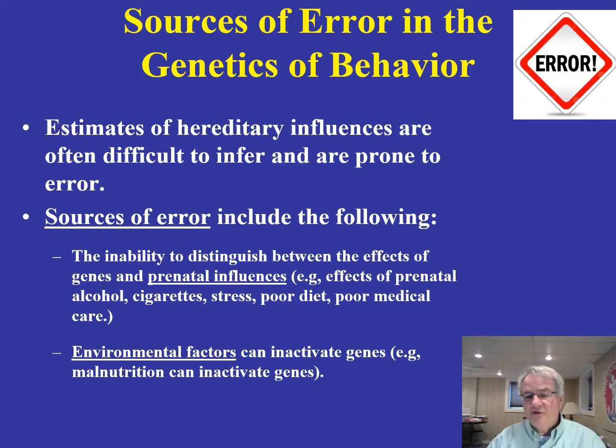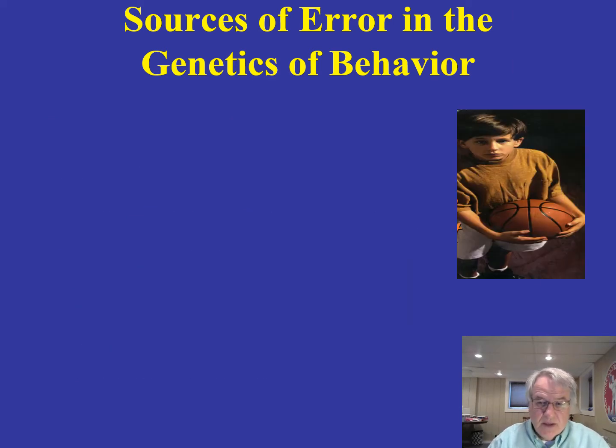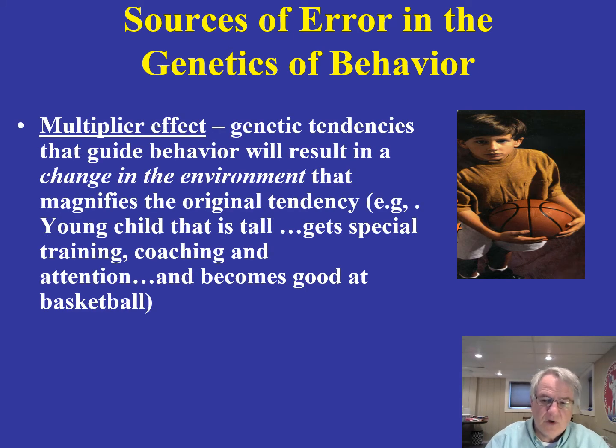So lots of different sources of error in terms of the genetics of behavior. Environmental factors we know can actually inactivate genes. Malnutrition, for example, can inactivate certain types of genes. Here's another important source of error in terms of the genetics of behavior, one that I think is often overlooked. But it's something that's called multiplier effects.